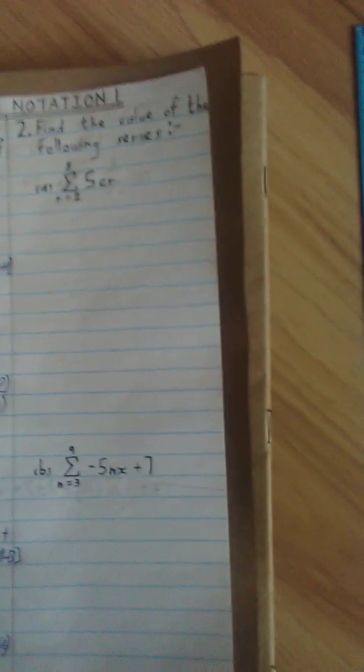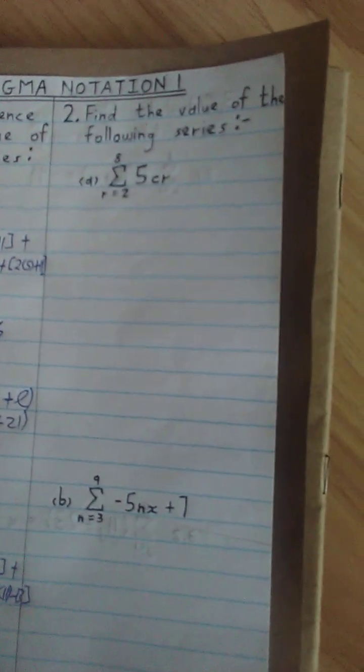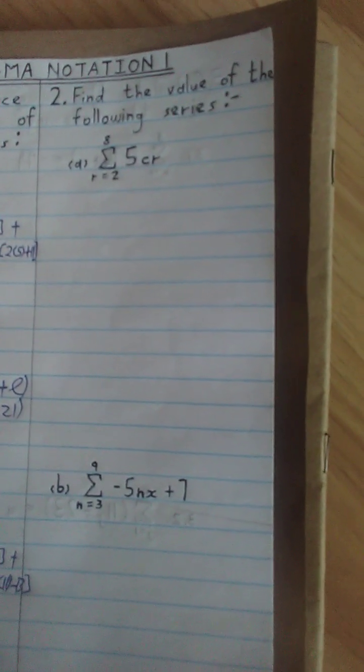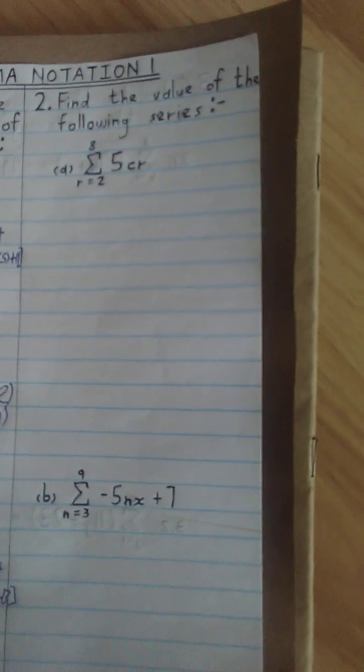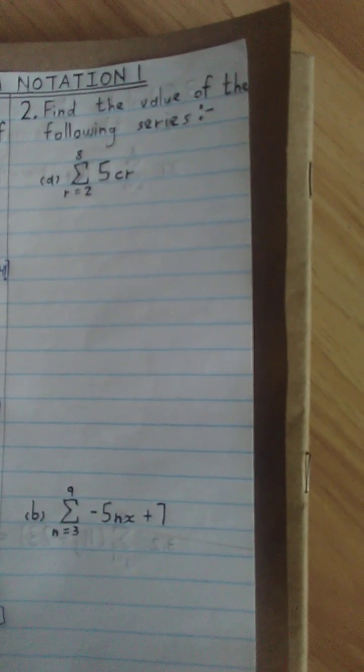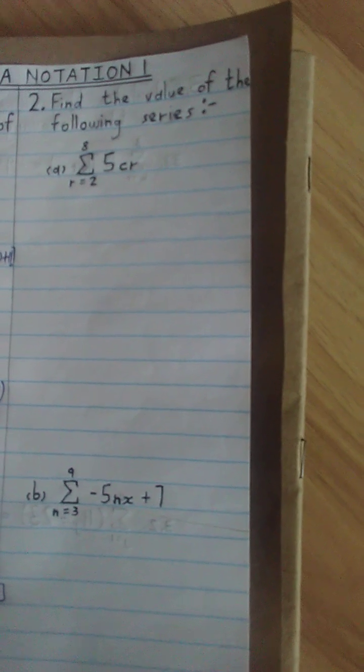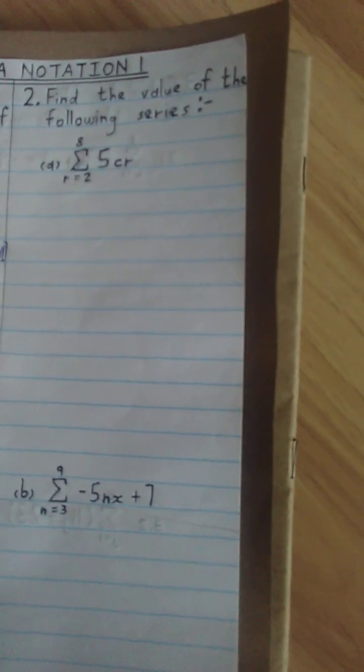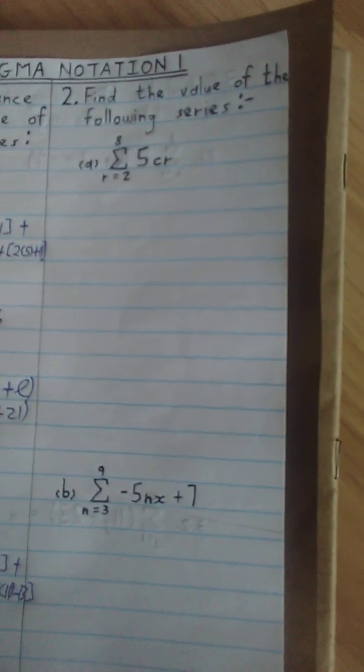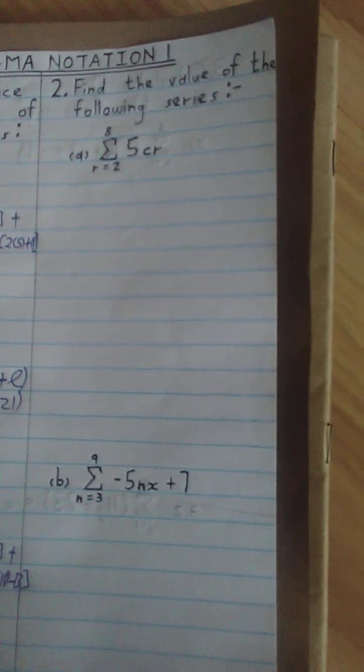Number 2 states, find the value of the following series. Okay. We have the summation of 5C r from r is equal to 2 to r is equal to 8. So as usual, you first expand.